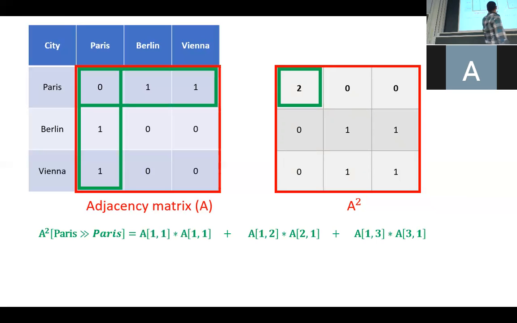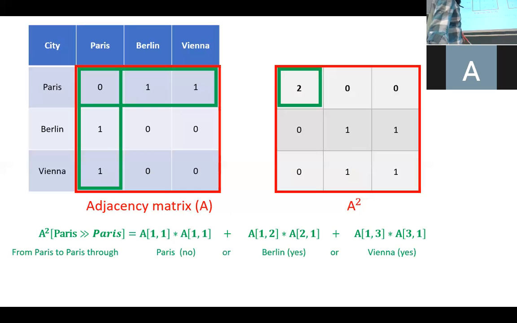When I calculate the square, I multiply this row by this column, sum them up and write it here, right? If you think about it a little bit, this is actually the number of possible different paths I can take from Paris to Paris. This first element is Paris to Paris of A squared.